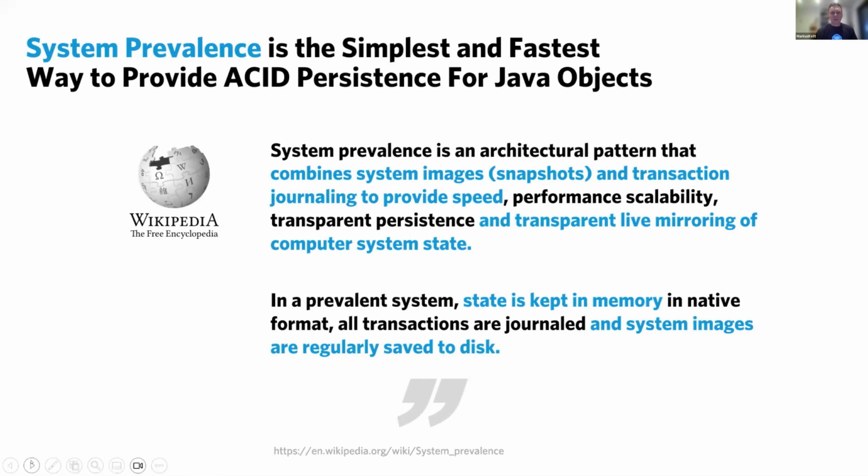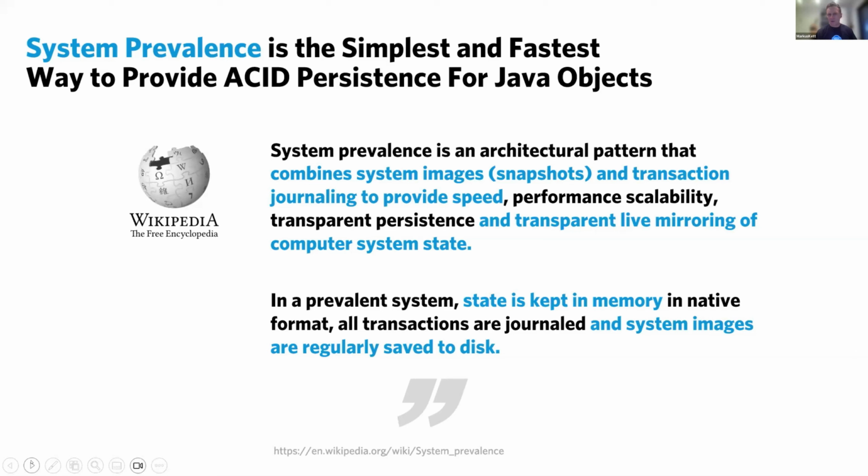So with EclipseStore, we follow a completely different approach. We follow the system prevalence approach. How does this work? The system prevalence architectural pattern says it's super simple. Just keep your data in memory, and process your data with Java.